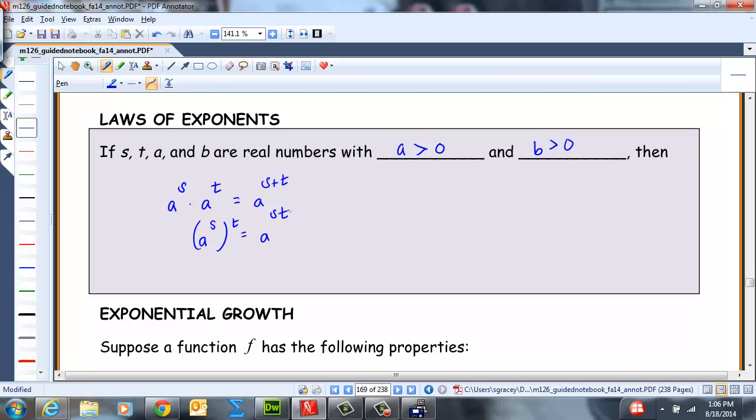And then remember that 1 to the s is equal to 1.